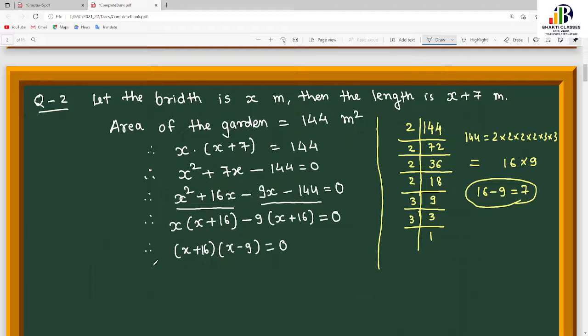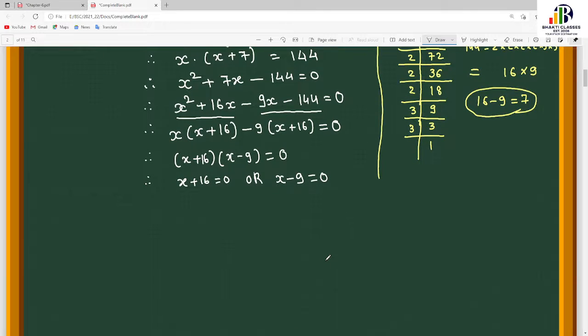So we will have x plus 16 is equal to 0 or x minus 9 is equal to 0. Therefore, the value of x is equal to minus 16 or the value of x is equal to 9.